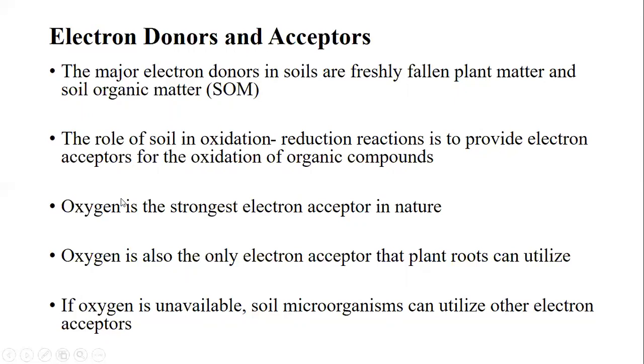It becomes part of compounds, parts of water, parts of organic compounds. Oxygen is also the only electron acceptor that plant roots can utilize. Remember when we looked at respiration, they use oxygen.